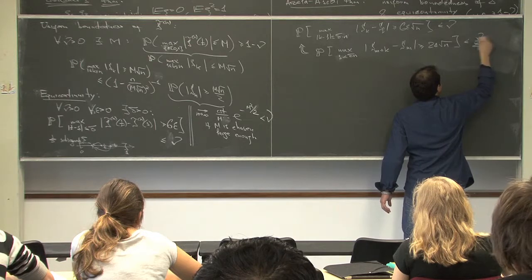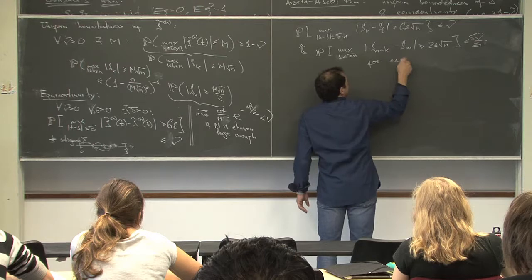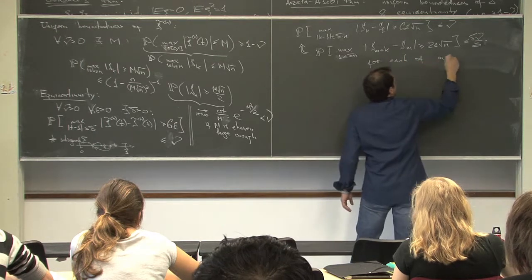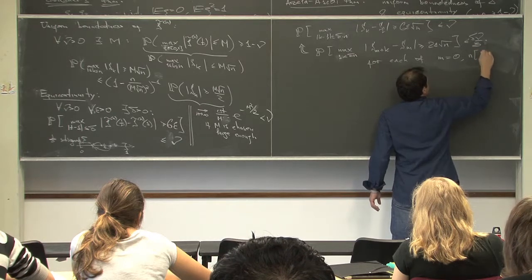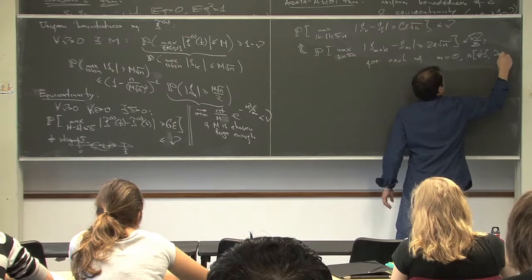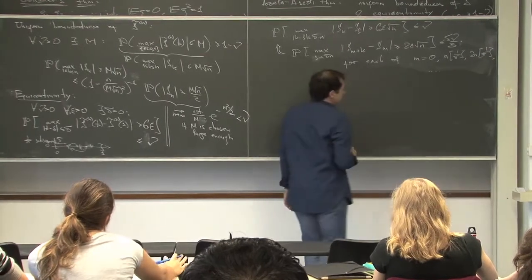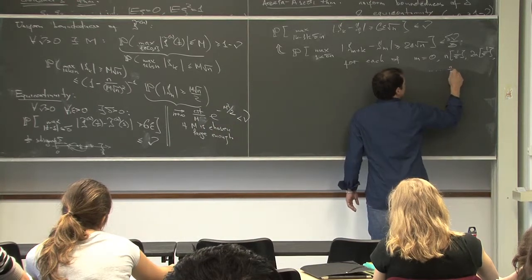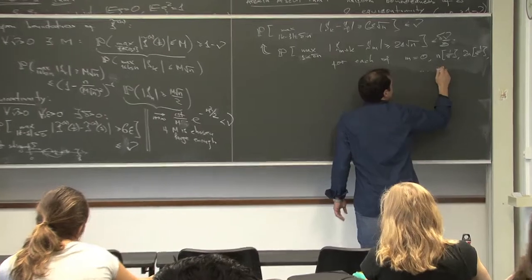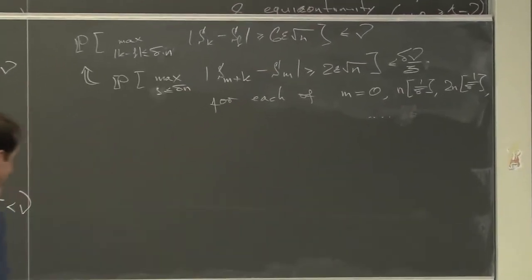Sorry for that, by another delta. For each of m equals, say, 1 over delta, 2n, 1 over delta, etc. What should it be? It should be n over delta, so I have 1 over delta segments, right?